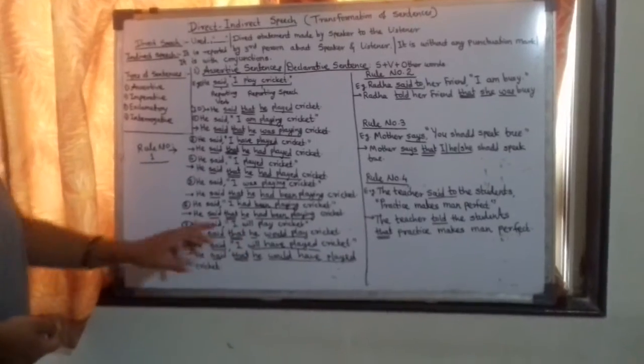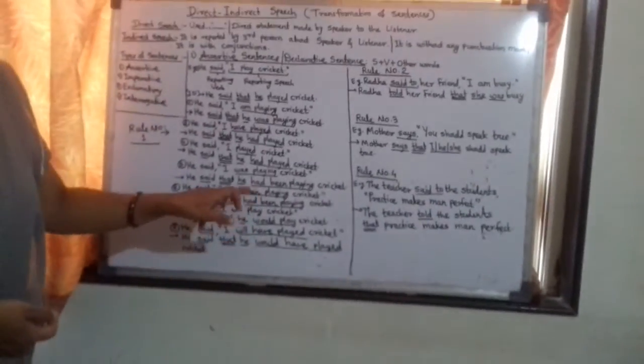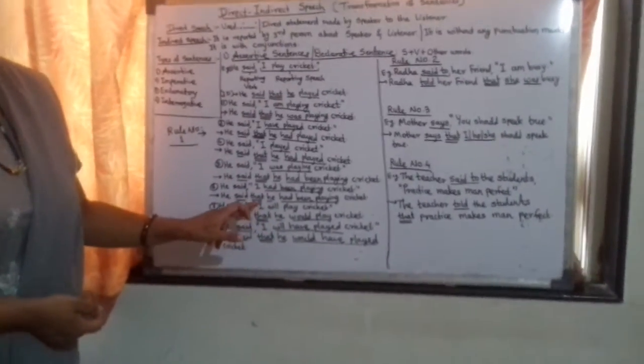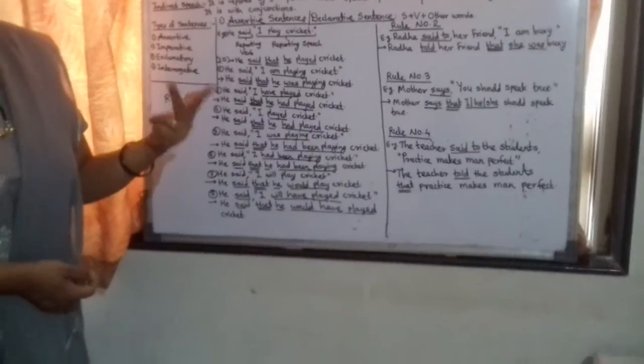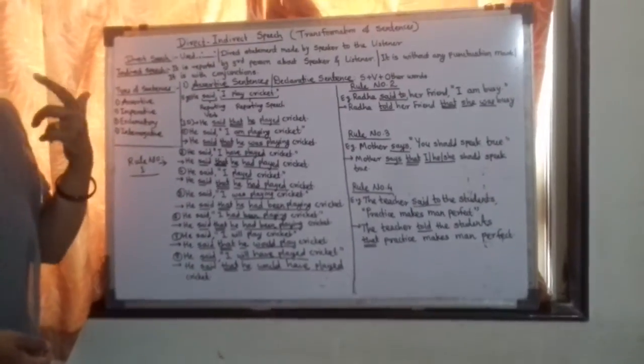Do not make changes in the main verb, that is play. Why? Because before it we have the helping verb, and that is will. If it is will, shall, may, then obviously you have to convert it into would, should, might, and then write down the main verb as it is.